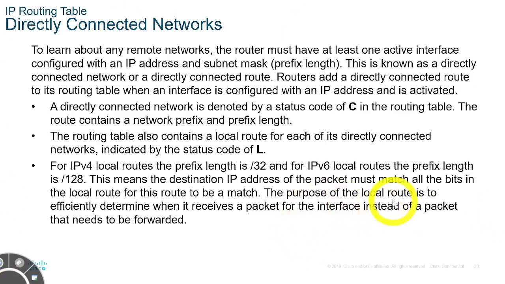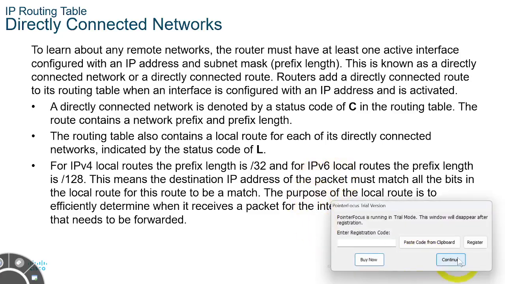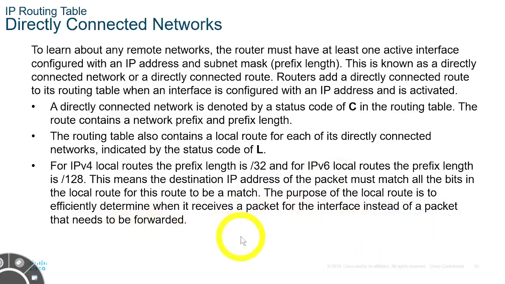The purpose of this local route is to efficiently determine when the router receives a packet for the interface itself, instead of a packet that needs to be forwarded. So we use this local address, from the destination IP address within the packet, to know that this packet is destined to this local device, to this router or to this LAN, for example. Okay.